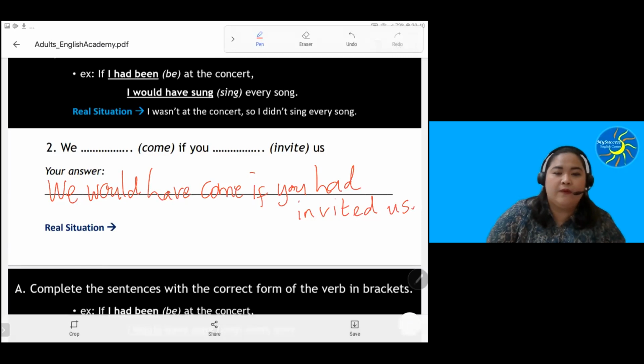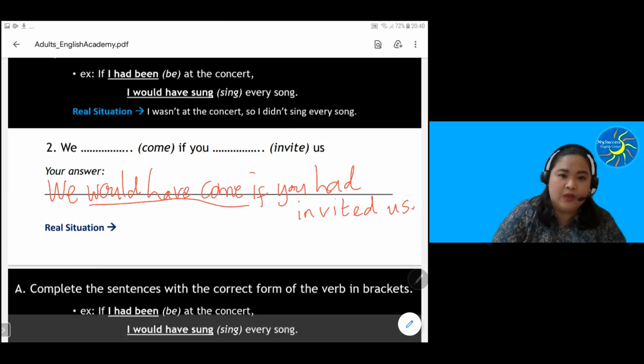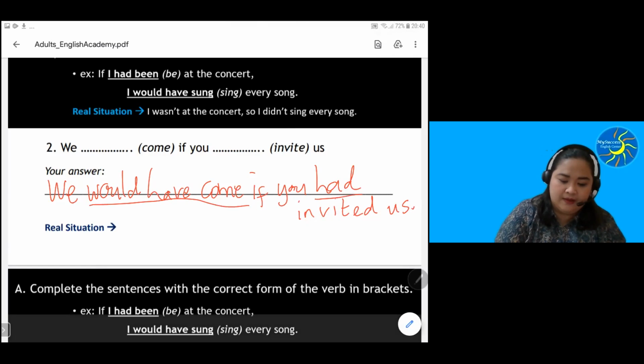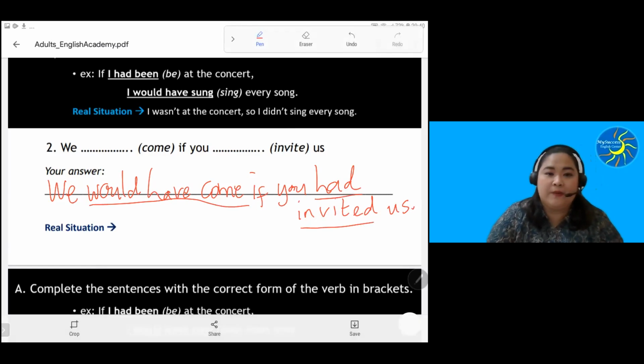Okay, wonderful. All right. Do you see the pattern here? Yeah? Would have come. Would plus have plus past participle. And then the if clause, if plus subject plus had plus past participle.